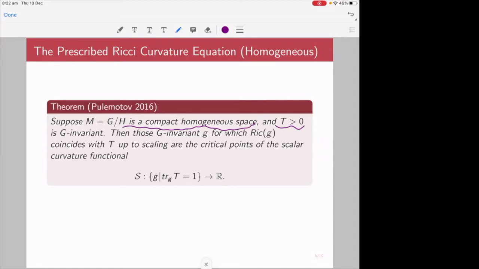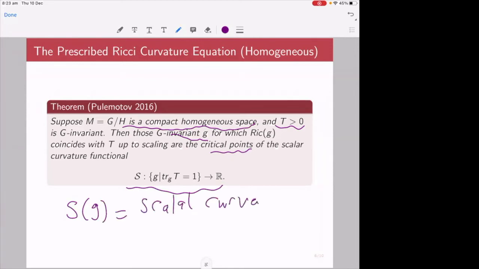In this case, if you're trying to find a solution to this problem, by which I mean trying to find a G invariant Riemannian metric G whose Ricci curvature is the same as T, at least up to scaling, those solutions are exactly the critical points of this functional here. So the functional is: take a metric and find its scalar curvature.